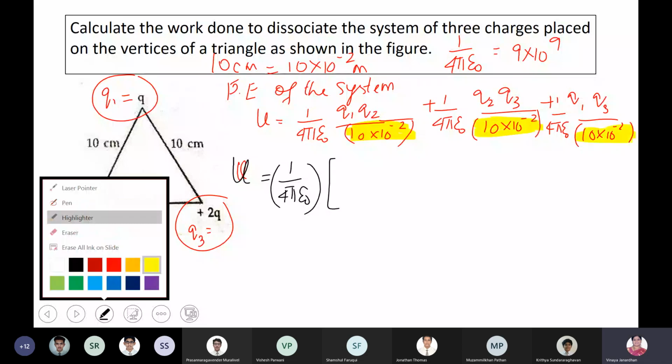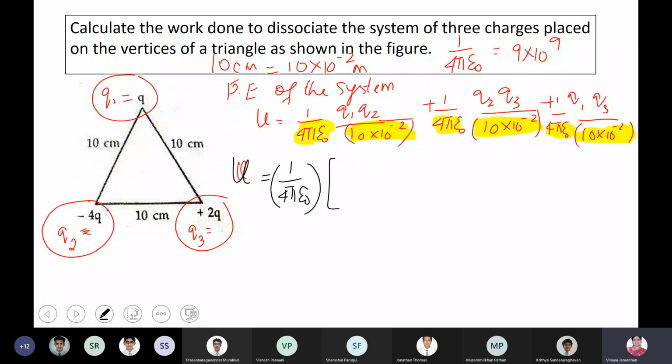Apart from 1 by 4 pi epsilon naught, I am taking all the denominator terms, 1 by 10 into 10 to the power of minus 2. Okay, fine. Now it is only Q1, Q2. You put the signs also.